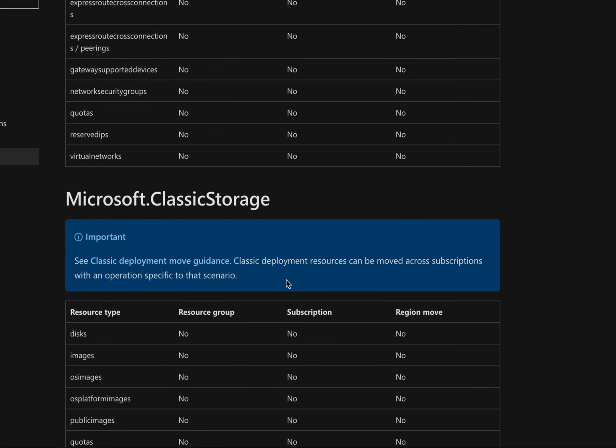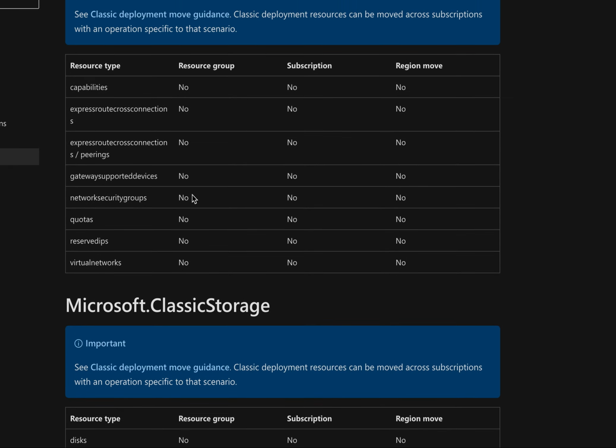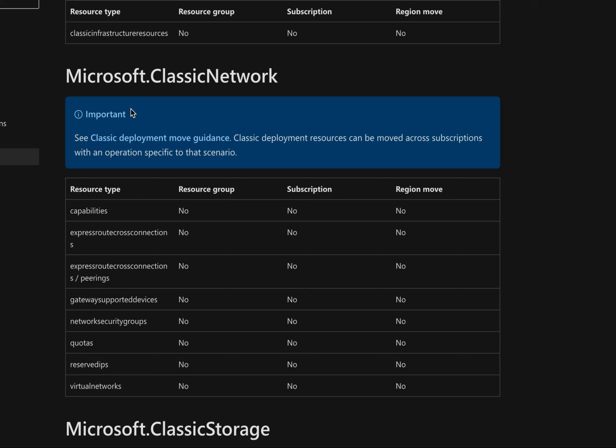Alright, let's keep moving. This is really important, and this is what I think they normally test on, right? So you may be able to move a virtual machine, but you can move a network security group or a firewall between resource groups or subscriptions. You can't move reserved IPs or virtual networks for that matter.